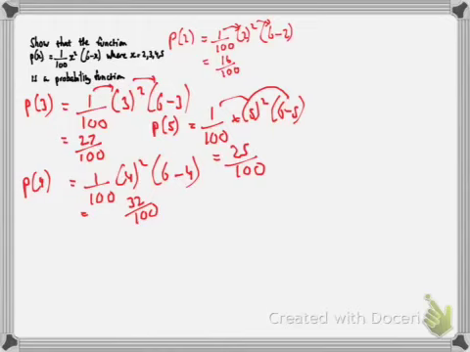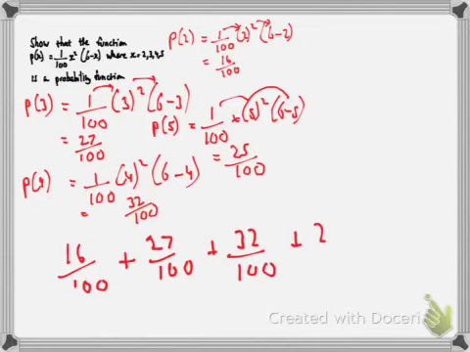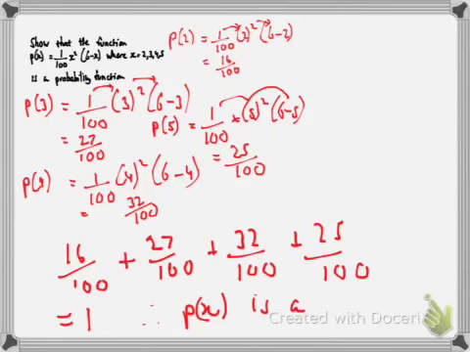So if we get 16 on 100 plus 27 on 100 plus 32 on 100 plus 25 on 100. Who's good at their mental arithmetic? We've got 100. Beautiful. Equals 1. Therefore, P of x is a probability function. They're also all between 0 and 1, so it meets both criteria.